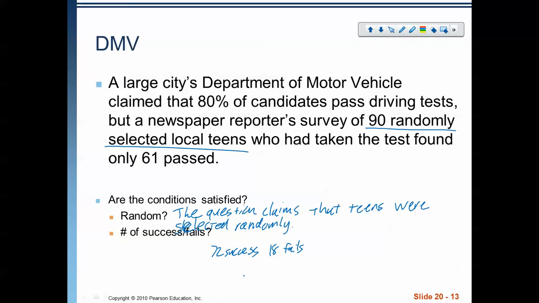And so we need to write a sentence that says both successes and failures are greater than 10. So the sample size is large enough.